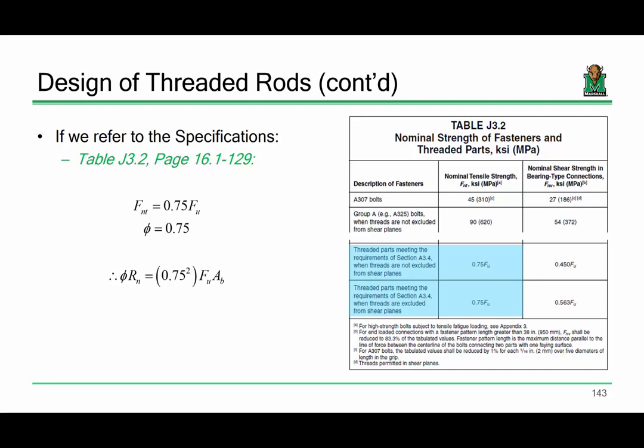That doesn't matter for a threaded rod because we're not shearing it. We're applying tension to it, so we don't have to worry about that. That is going to become a big deal in a little bit when we talk about bolted connections. So regardless of the shear plane, your nominal capacity of a threaded rod is 0.75 times FU.